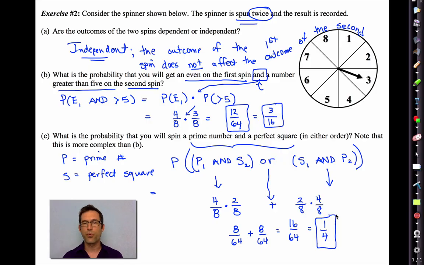There's actually a pretty good chance that I'm going to get a prime number and a perfect square when I spin that twice. Okay? Pause the video and really think about what we did.